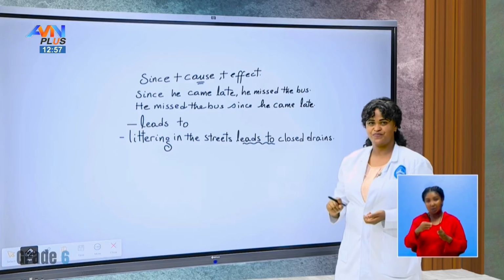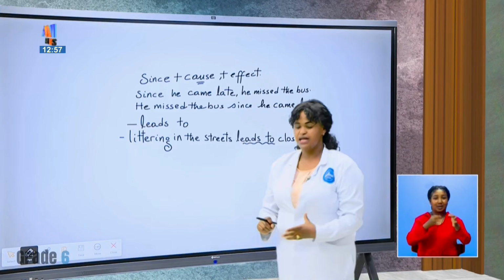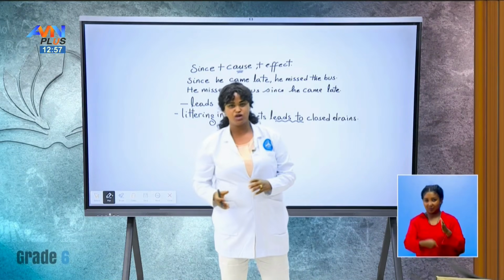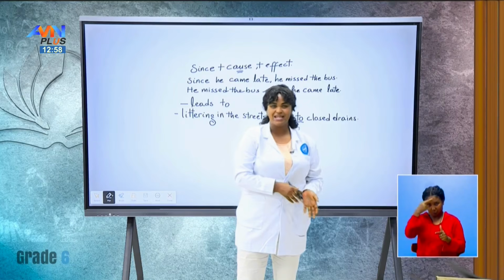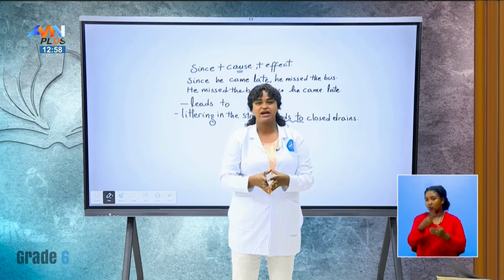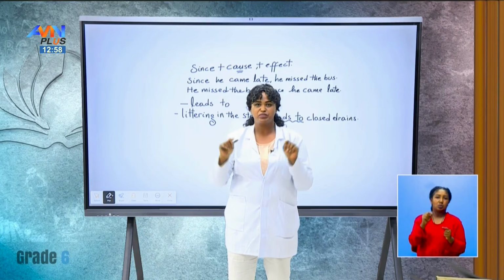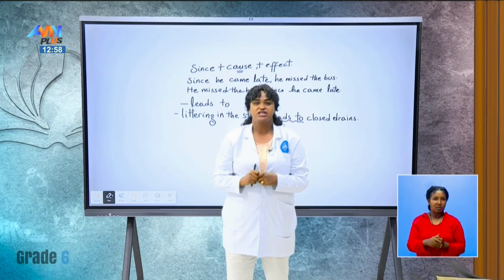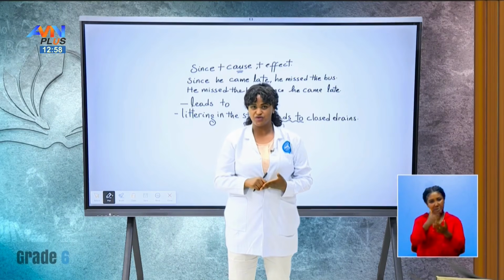Leads to. Today we have seen 4 ways of expressing cause and effect. We begin by saying because of, because, since, and leads to. But these are not the only ways. There are a lot, like due to, by itself, just simply the preposition to. You can read this in your textbook, and yes, you can discuss it with your teachers.